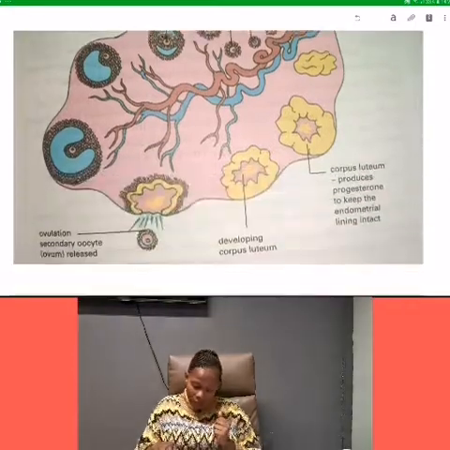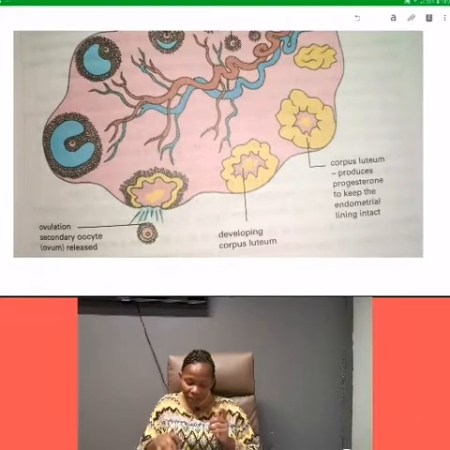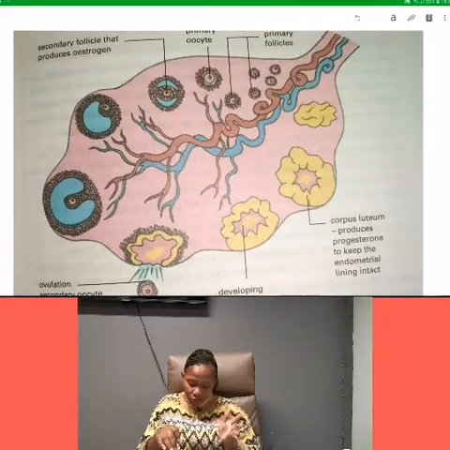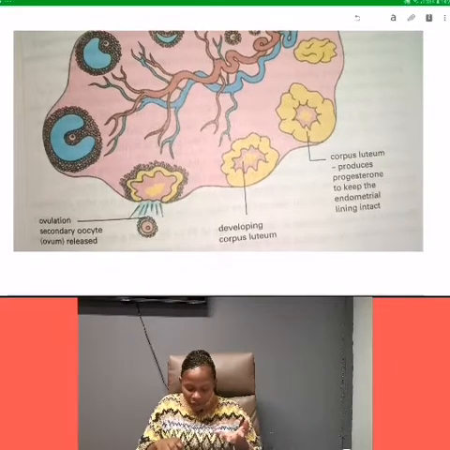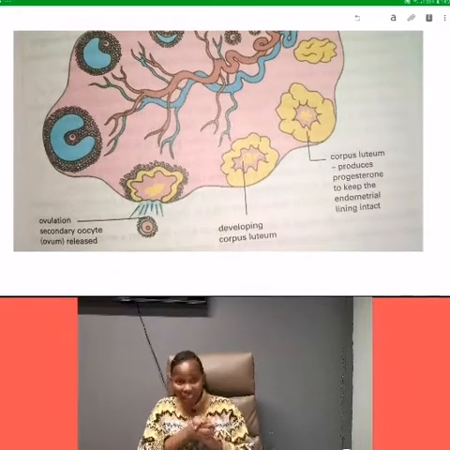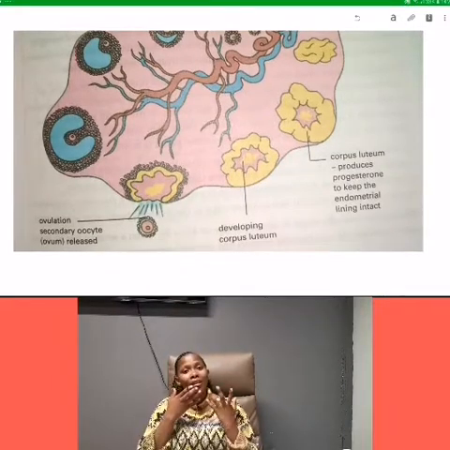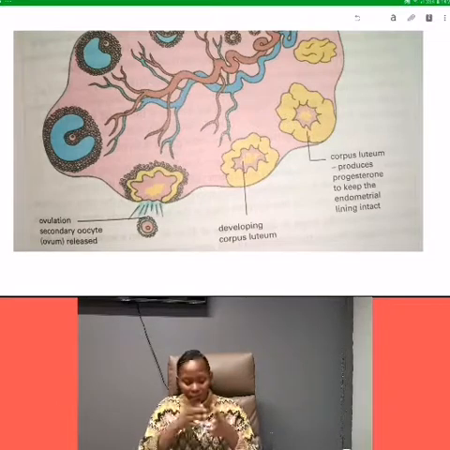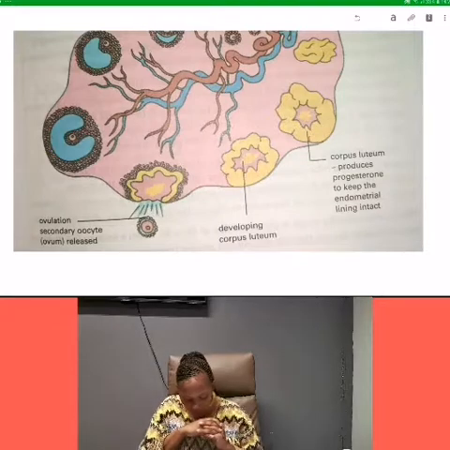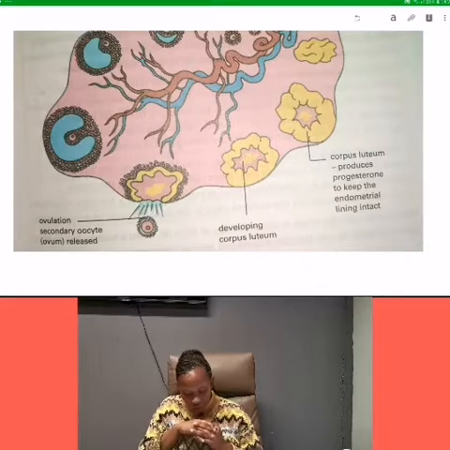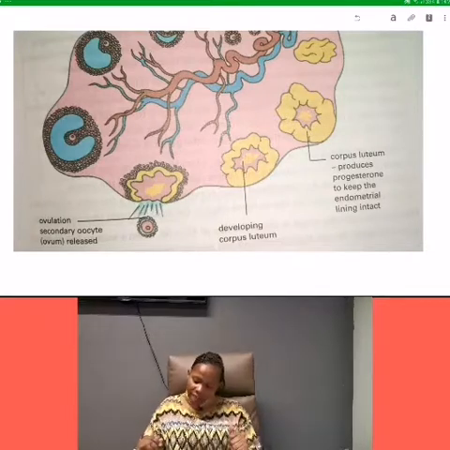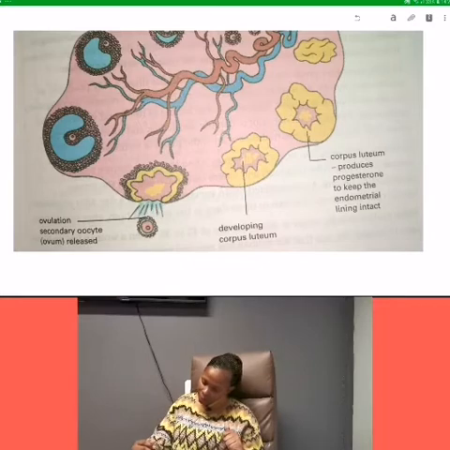Okay, and then after that, the secondary follicle will grow and grow, and then if implantation did not occur, if the female did not get pregnant, ovulation will occur. So the secondary oocyte is released during ovulation, and then we have a developing corpus luteum.